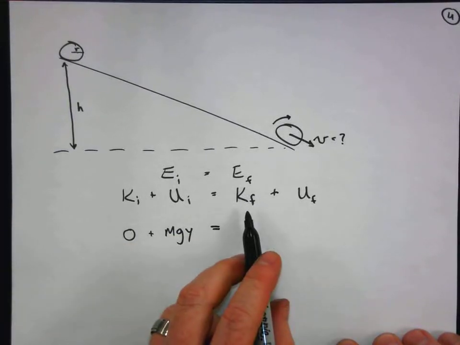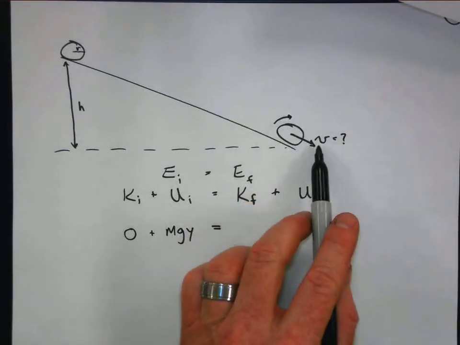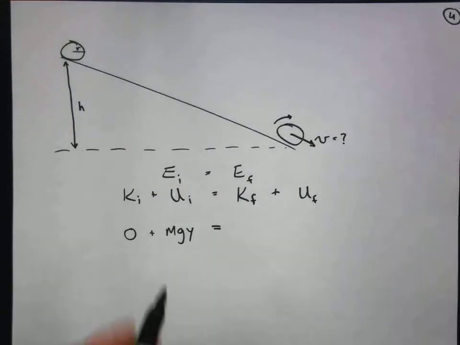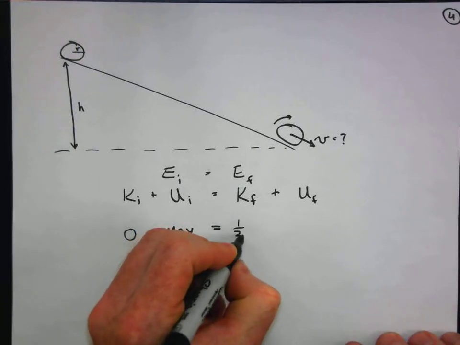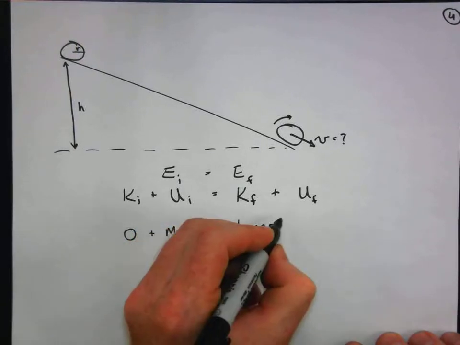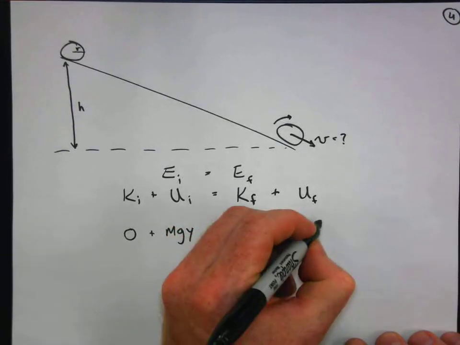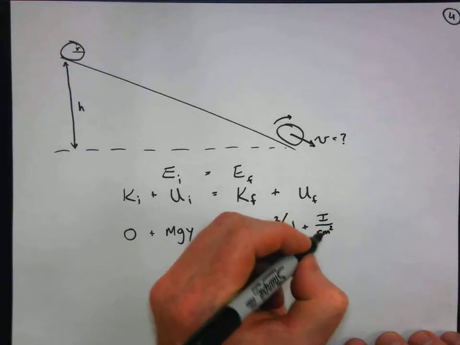Well, at the end, this kinetic energy now is going to be the total kinetic energy of the object, both rotational and translational. So we get to use this equation. 1/2 mv squared multiplied by 1 plus moment of inertia divided by mass times radius squared.